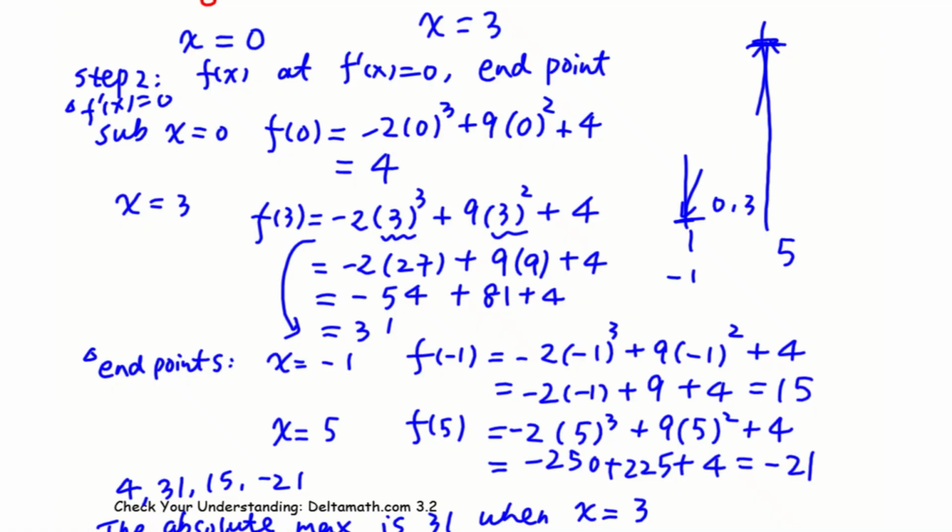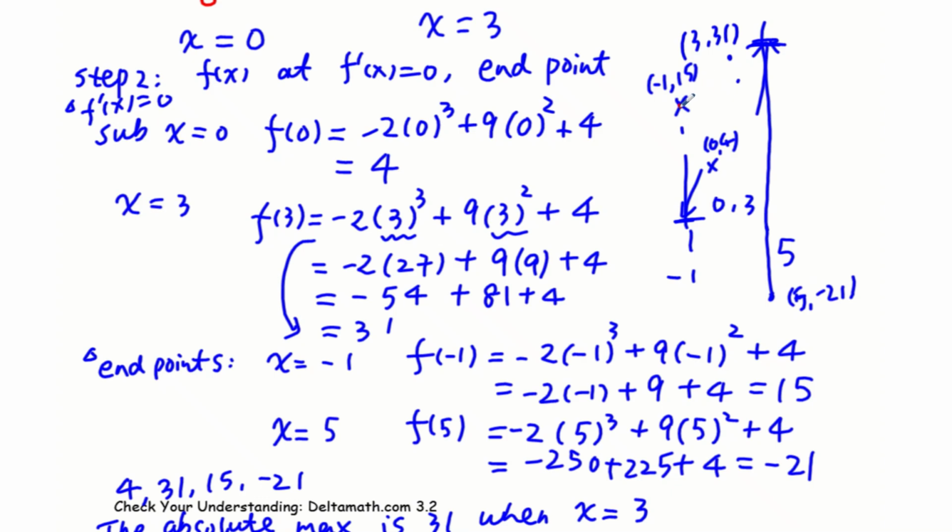So we just find those points and graph it a little bit. So -1 is 15. Then 0 is 4. 3 is 31, and 5 is negative 21. So we connect all those points.